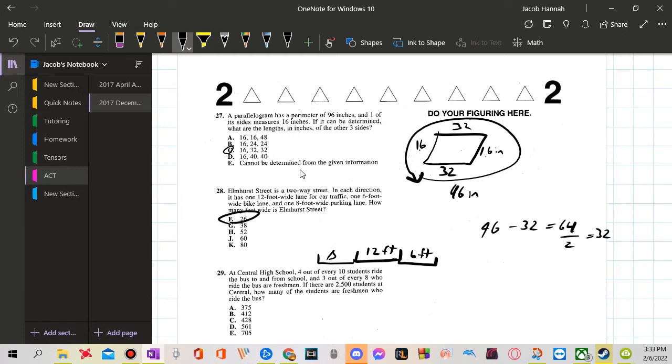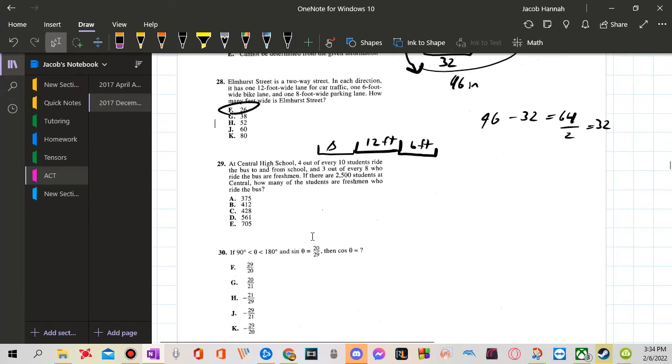Alrighty. At Central High School, 4 out of 10 students ride the bus to and from school, and 3 out of every 8 who ride the bus are freshmen. If there are 2,500 students at Central, how many of the students are freshmen who ride the bus? Alrighty, I like this one. So 4 out of 10 ride the bus.